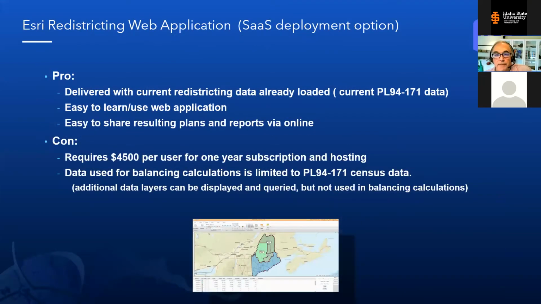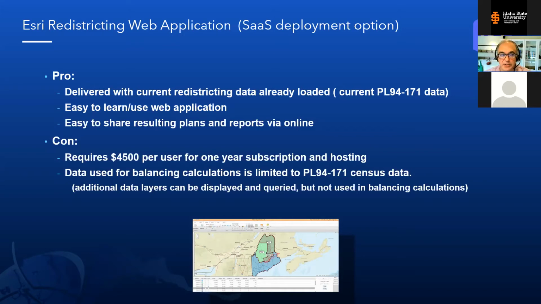So the main thing I want to talk about is the web technology. We introduced this back in the last redistricting cycle. It comes in a couple different deployment models. One is the software as a service deployment, the SaaS deployment, and that's what I'm going to demo for you today. And it comes loaded with the data.